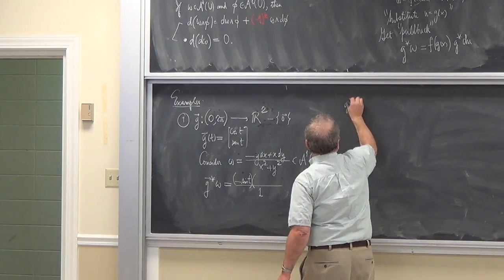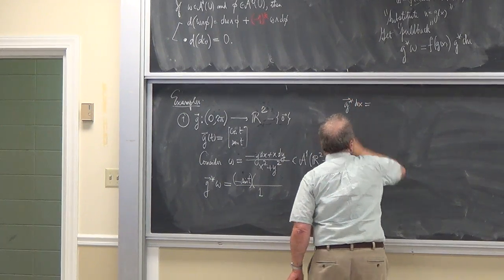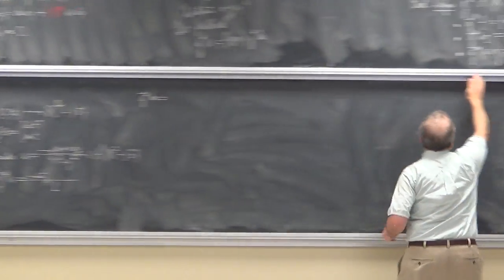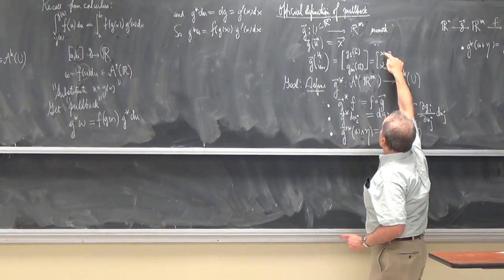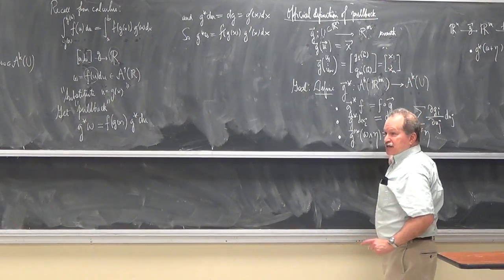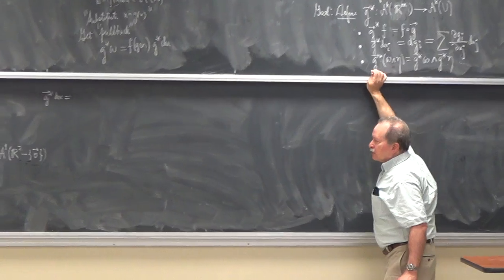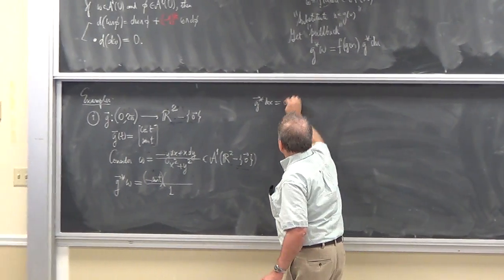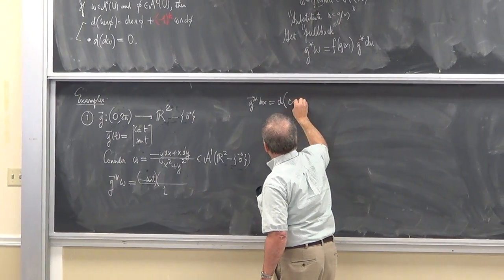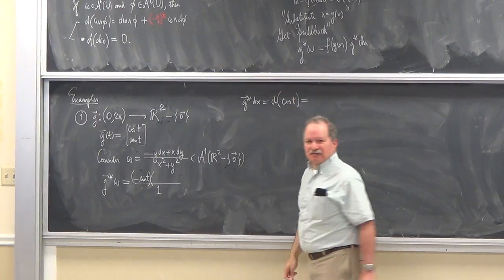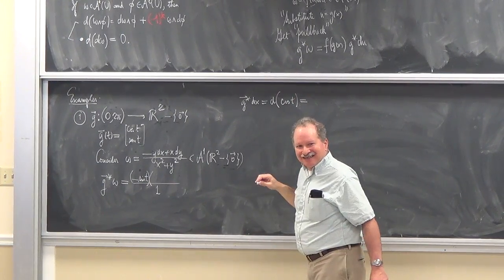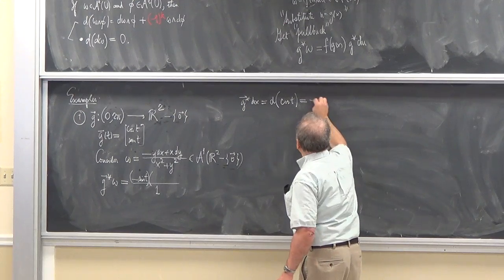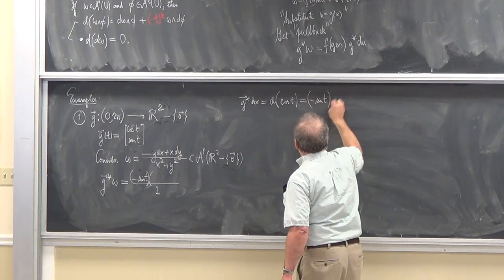Now how do I pull back dx? So pullback of dx, remember, means, well, dx is the first, x stands for the first component here, and y is the second component. So I just do d of what? Cosine t. Which is? Negative sine t times dt.